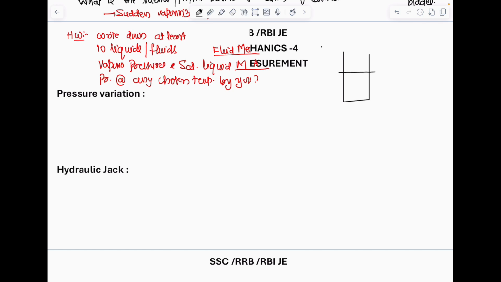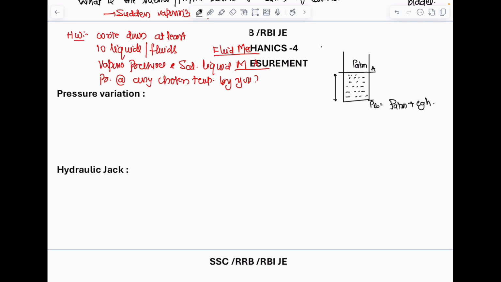In my first 3 lectures, I have explained the varying of the pressure with depth. This is the H. This is the P atmosphere at A, and PB is P atmosphere plus rho GH.